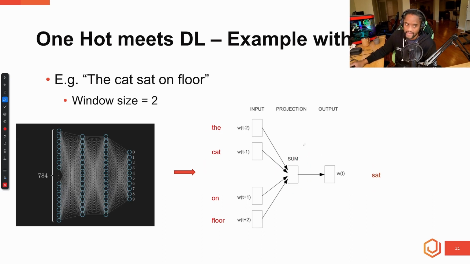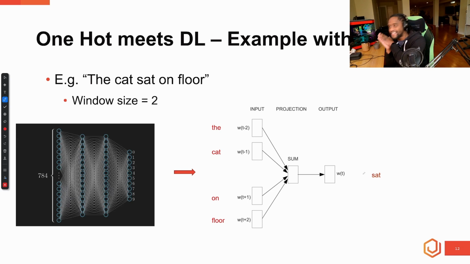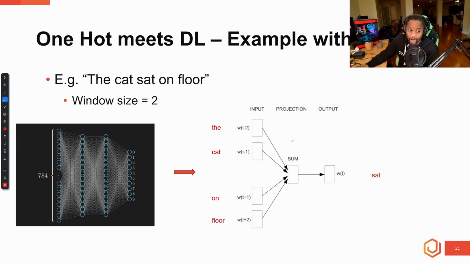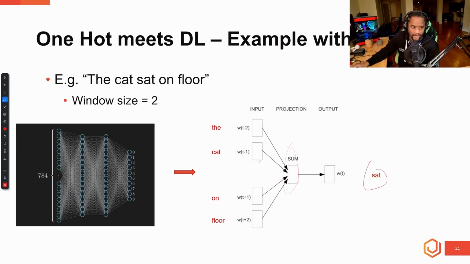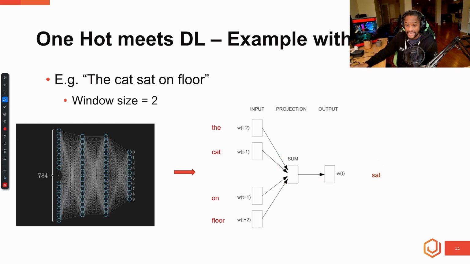So let's say sat and lie. To sit or to lie is going to be closer here, because the cat sat on the floor, the cat laid on the floor is more similar. So this projection layer representation of these words will capture those similarities. That's why this was invented.